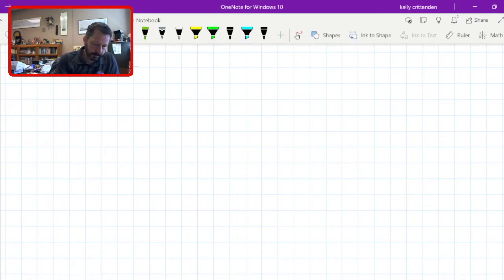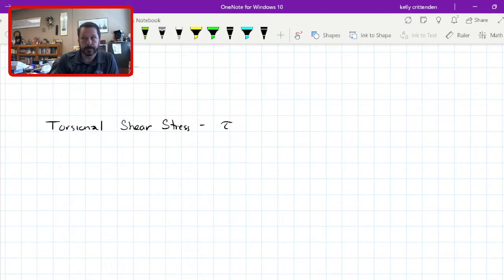Torsional shear stress is what we talked about last time. Just as a reminder, tau was the torsional shear stress, equals T, the torque applied, or the torque internal to whatever cross section you're talking about of the shaft.